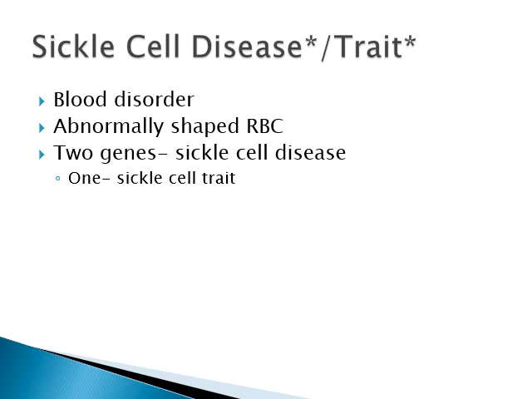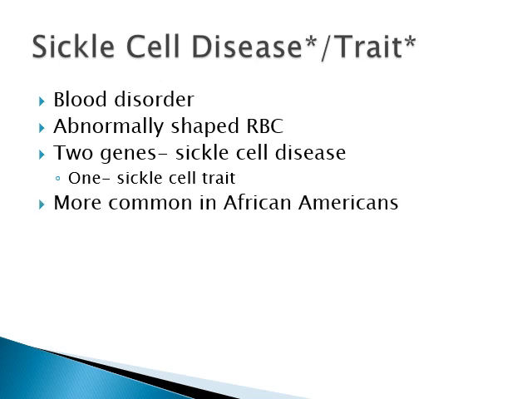What happens in sickle cell trait is that the blood cells aren't sickled all the time, but through exertion you can actually get sickling to occur. So you could end up having a lot of the same complications as with a full diagnosis of sickle cell disease.